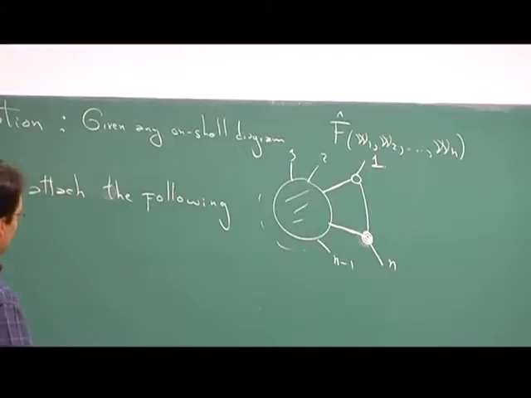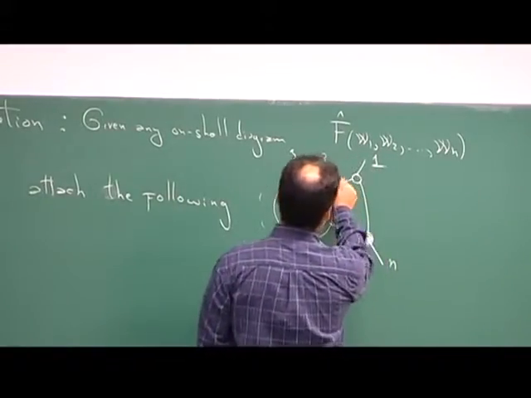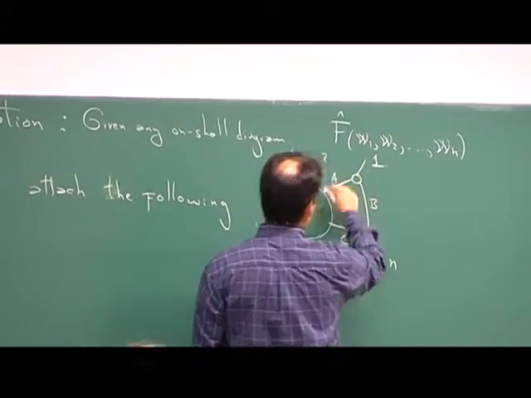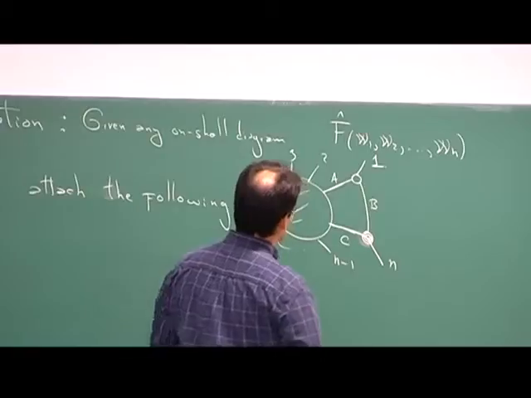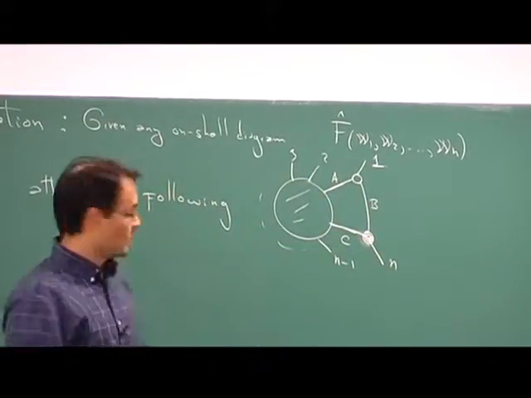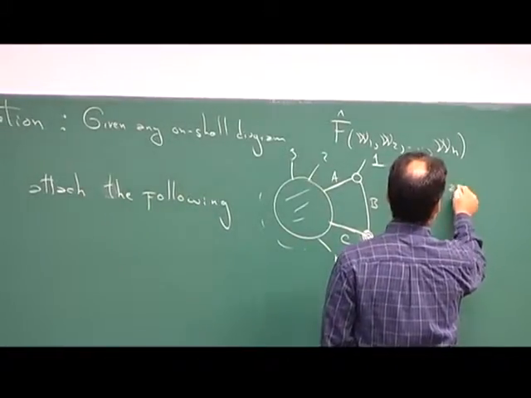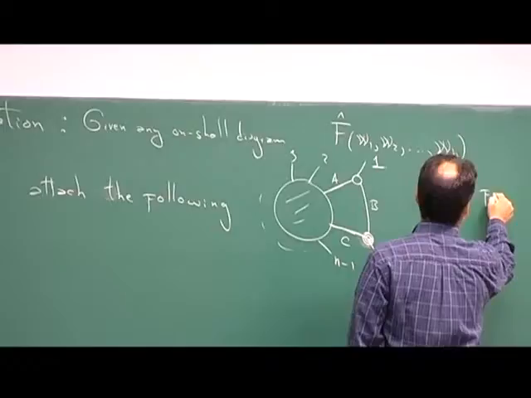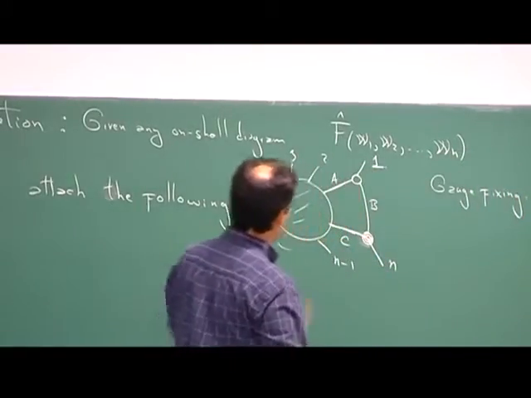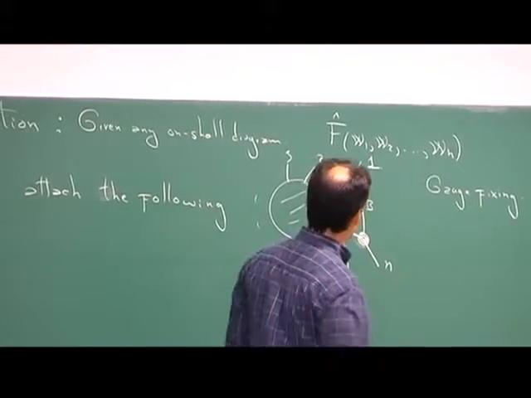So let's try to find out what this is. Well, let's follow the rules we had yesterday. We just have to label these things, say A, B, and C. These are the internal ones. Let's also choose the way we're going to gauge fix these things. And the way we're going to choose it will again be represented by arrows.